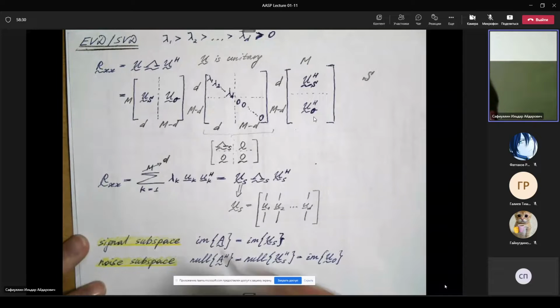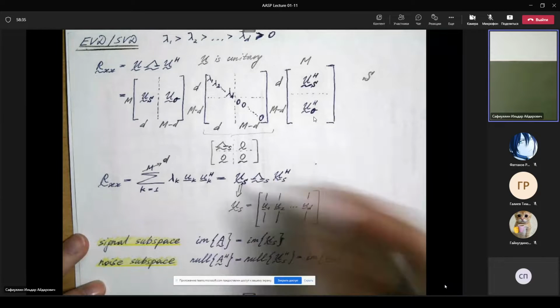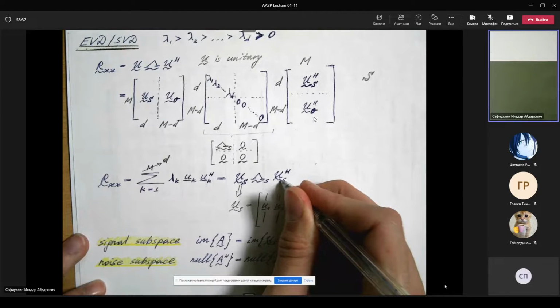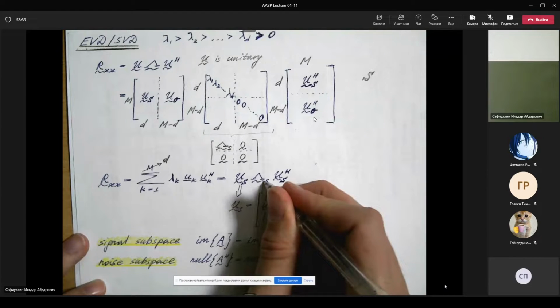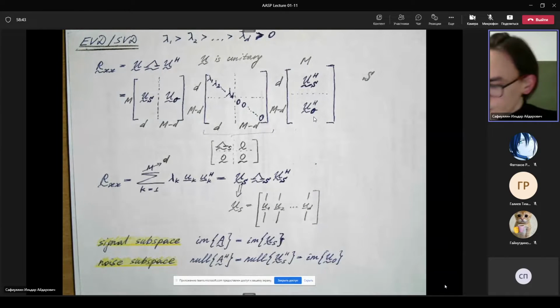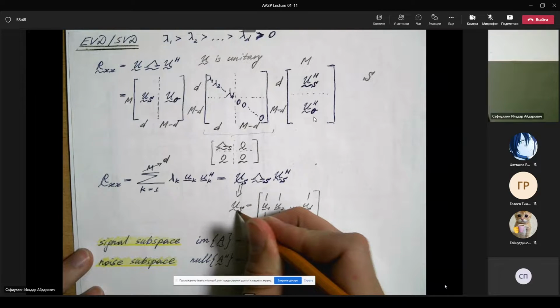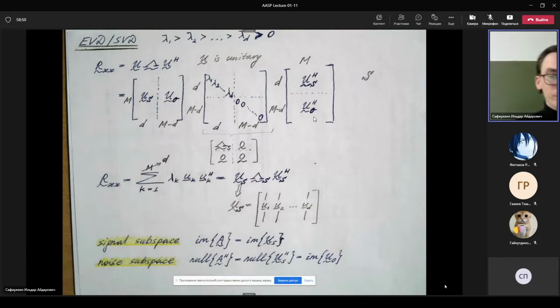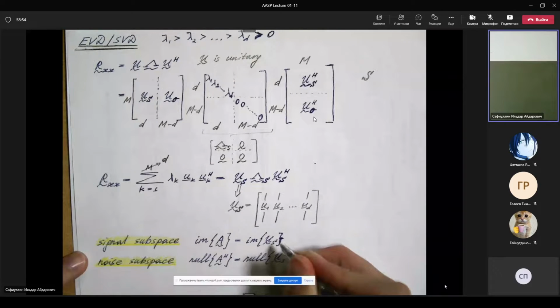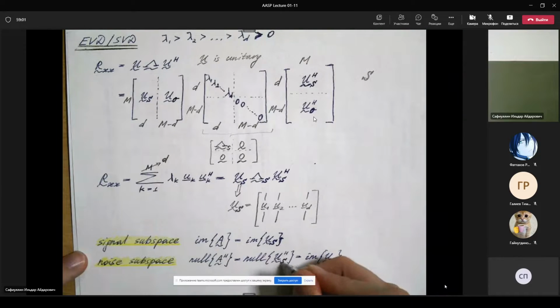And in the same way for this U of S here, U of S here, lambda U of S. Also, I will change it for the pencil one, and the rest in this signal subspace and noise subspace.